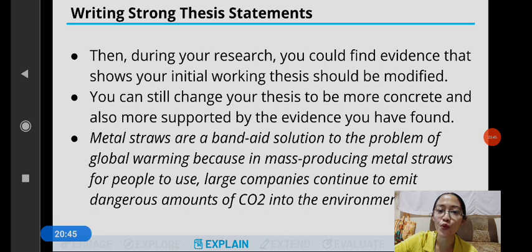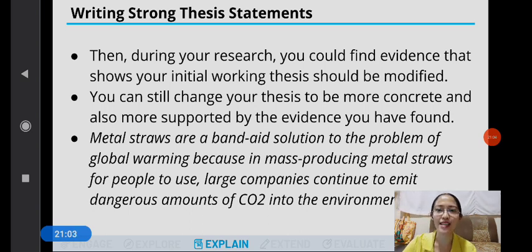This is the improved thesis statement. What about the simple thesis statement? Using metal straws instead of plastic straws is an effective way to reduce the amount of waste in the country.